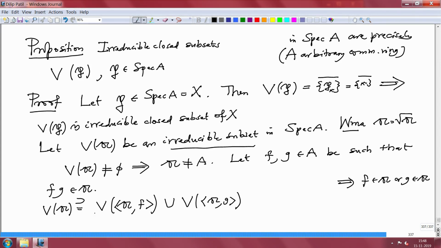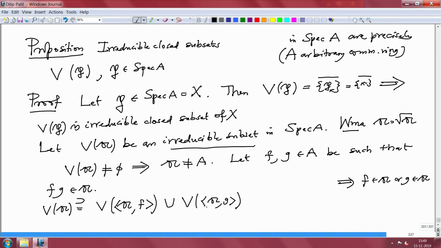And now one checks easily the equality. Take any point x here; if F is not in A, some H in A will vanish at that point. Therefore, this union is the product.